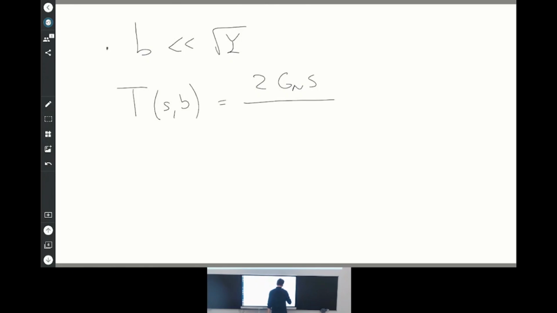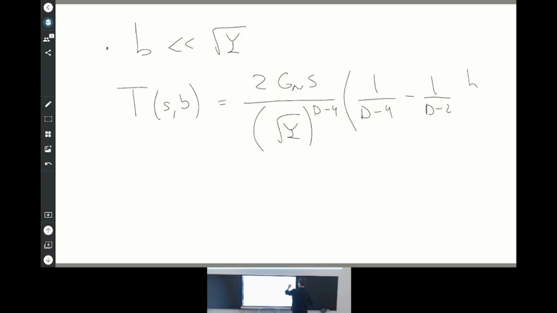And the second regime is when b becomes much less than this square root y. The amplitude simply becomes, you get square root y to the d minus 4, and you have corrections which are organized as an expansion in b squared over y.